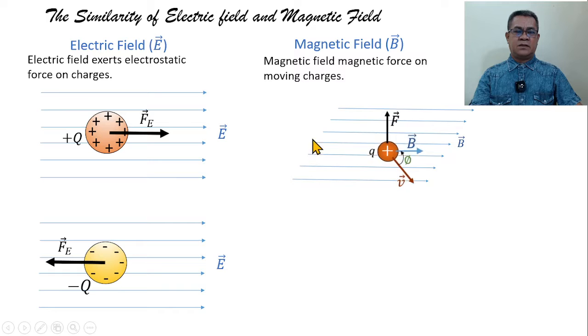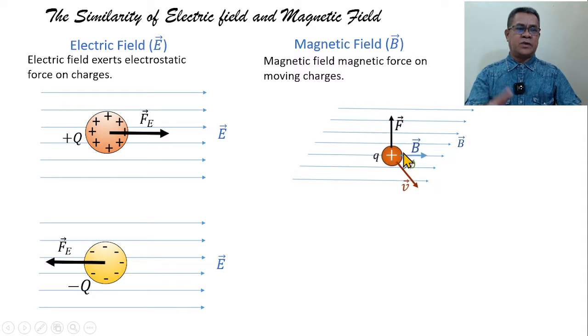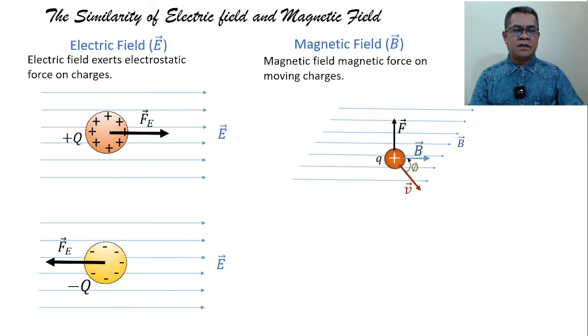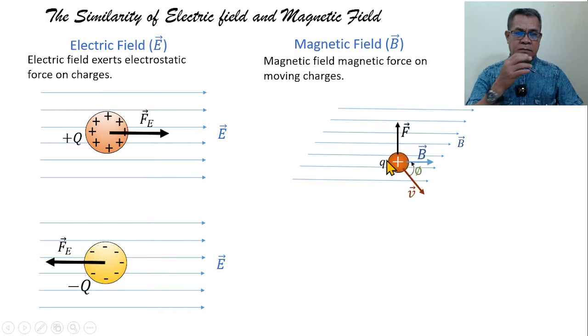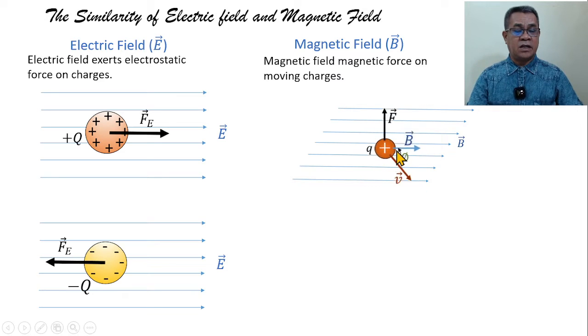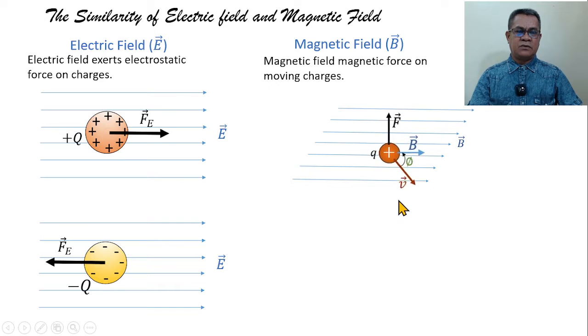So if this charge travels in a region where there is a magnetic field towards the right, for example, with velocity in this direction, then the velocity and magnetic field acting on the charge will result in a magnetic force, which means that the magnetic force is proportional to the velocity and magnetic field.